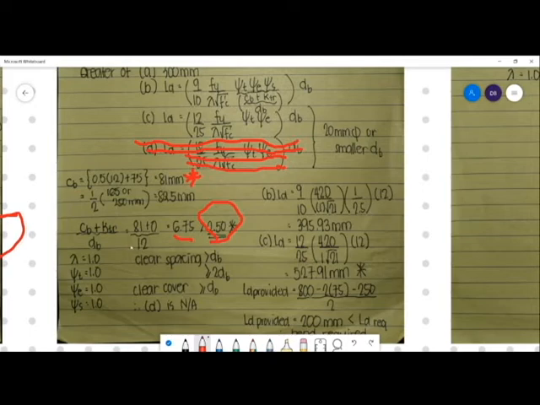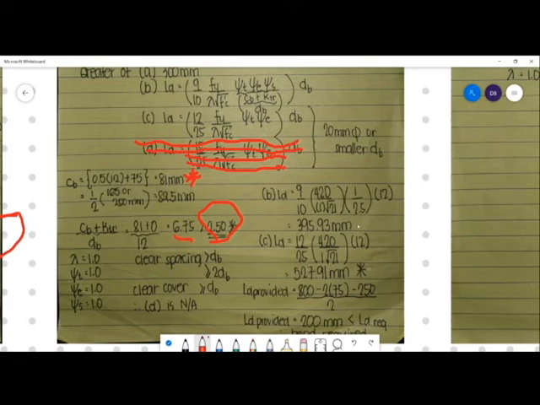Okay. Next. Values for lambda, psi sub t, psi sub e, and psi sub s are all equal to 1. So for formula B, 9 over 10 times 420 over 1 times square root of 21 multiplied by 1 over 2.5 multiplied by 12.